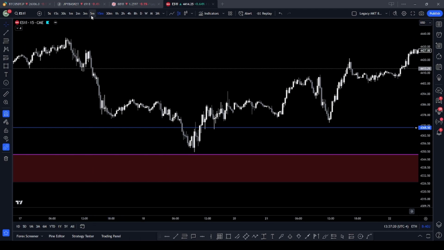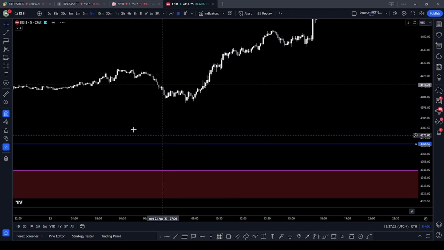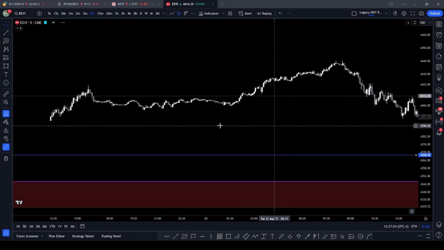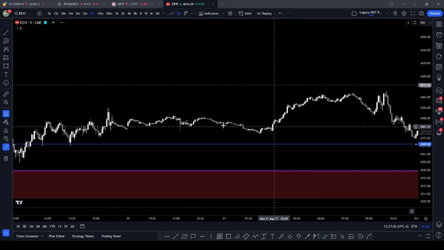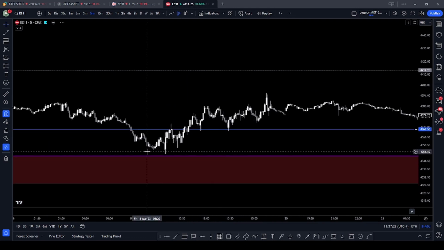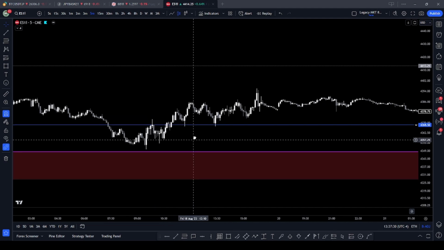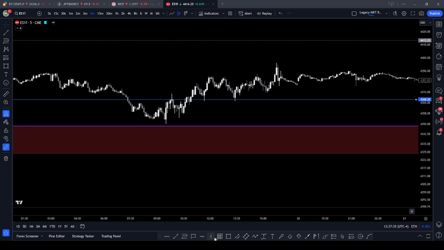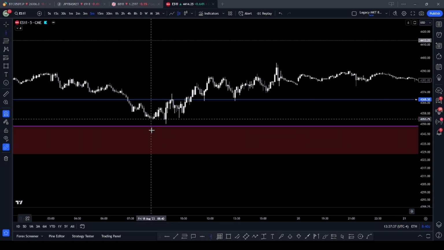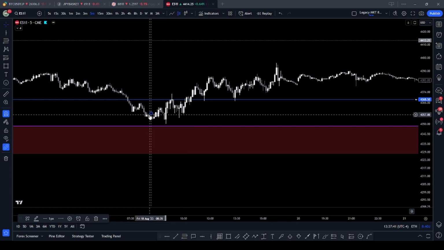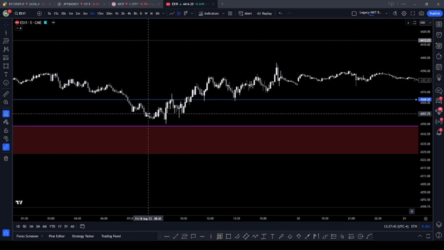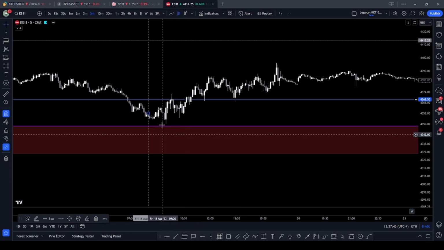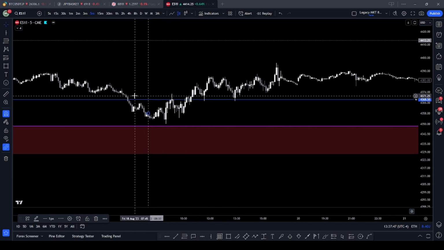Okay, so let's go to the 5 minutes. It's going to be a lot clearer. So this is what happens. This is 8:30 open right here. I'm just going to use this vertical line to denote your 8:30 open. So this is your 8:30 opening.